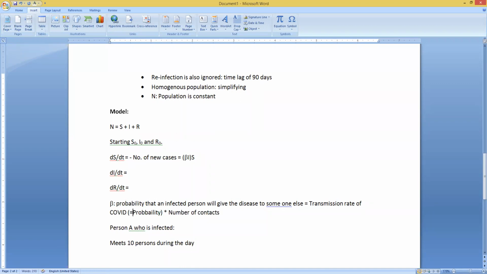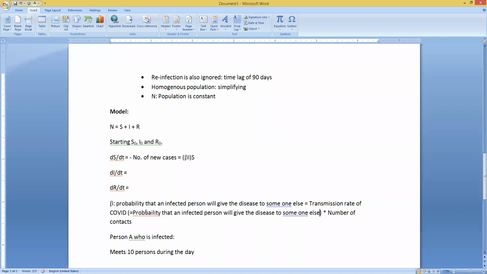So it is the probability that an infected person will give the disease to someone else, right?